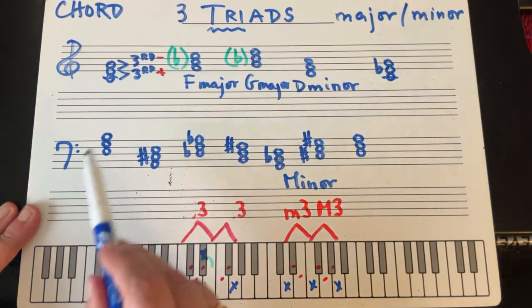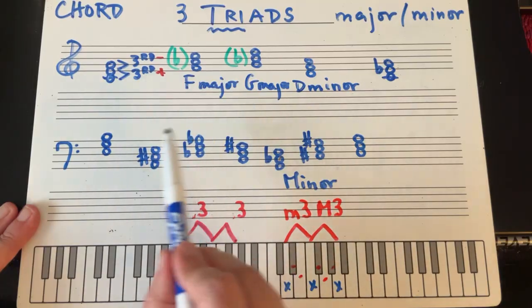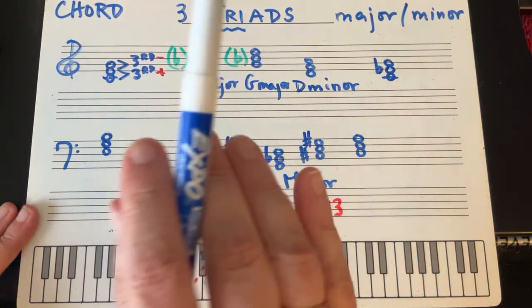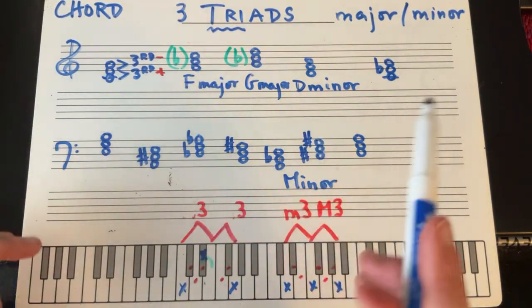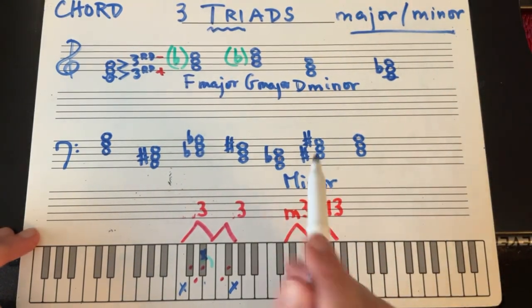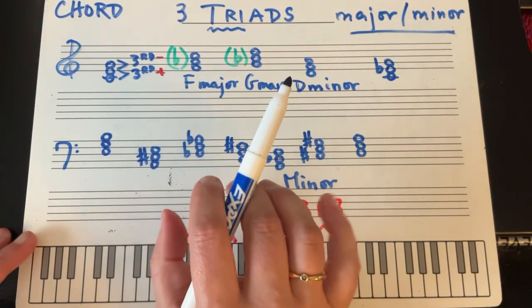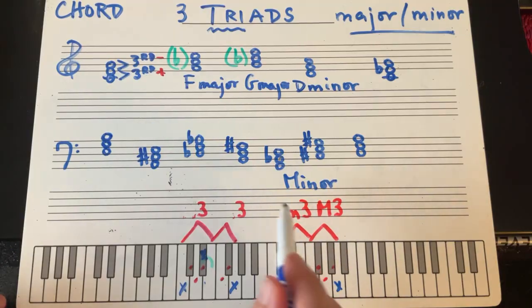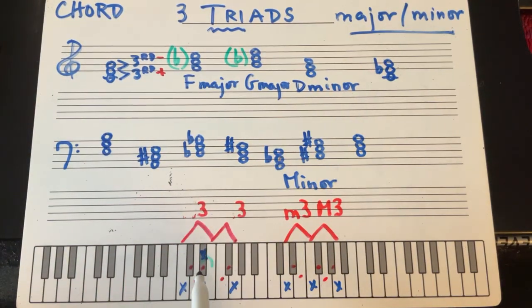So you may not have played all of these scales, but if you read the notes carefully and you play them, you might hear right away which one it is, and you also will be able to look, what thirds am I actually looking at, and what does that tell me?